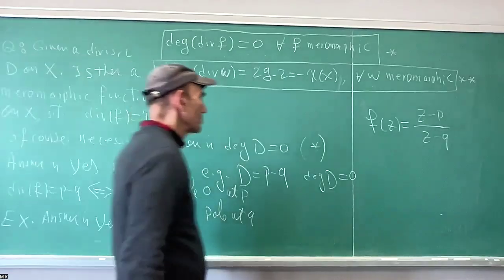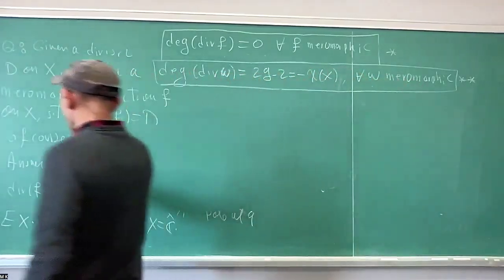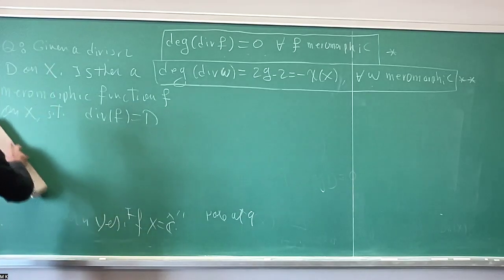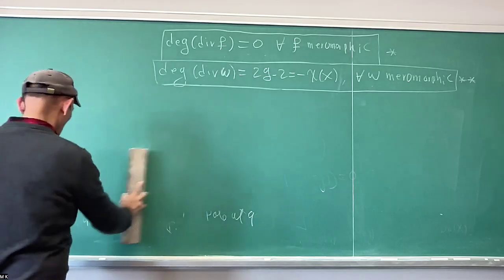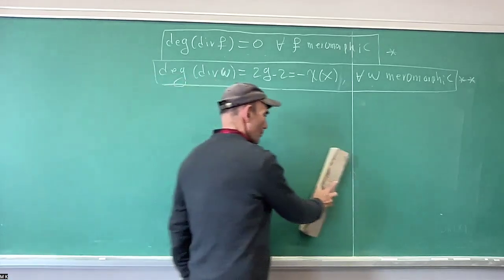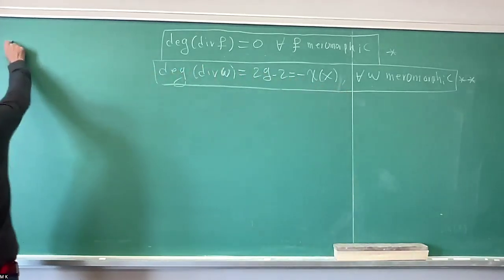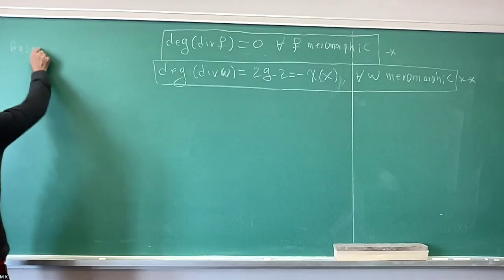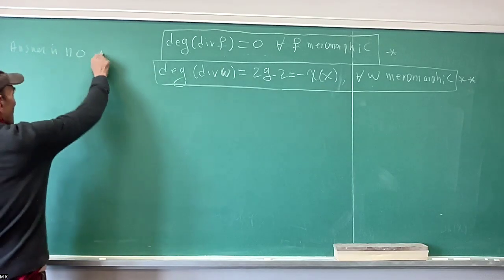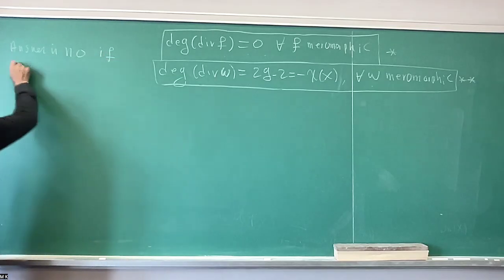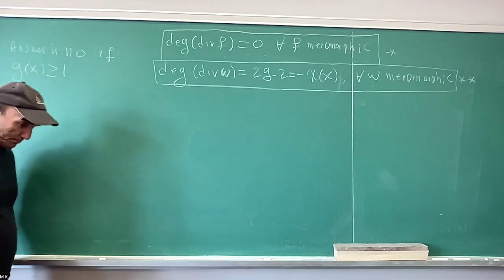So let's look at one genus up, the torus. So this is the question. The answer is no if the genus of X is bigger than or equal to 1.